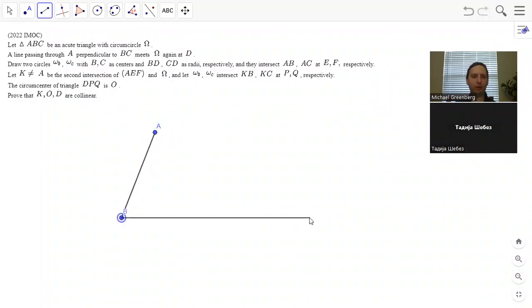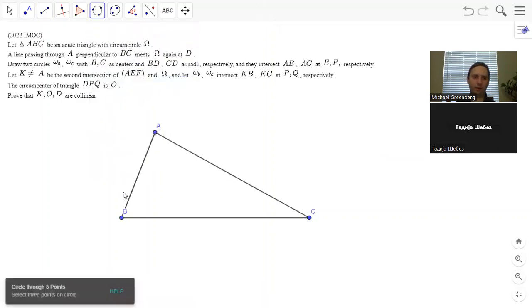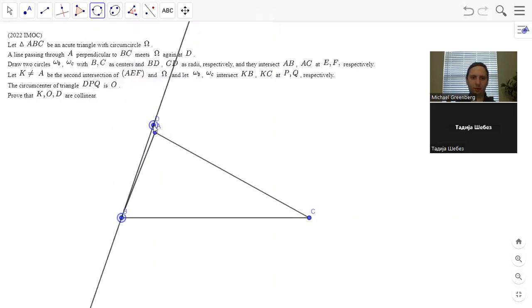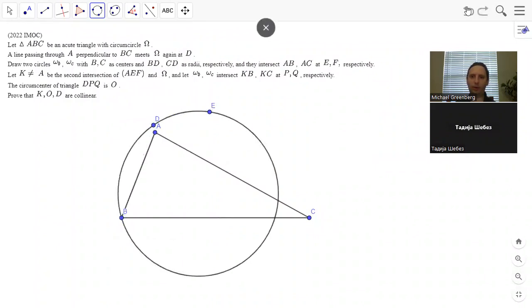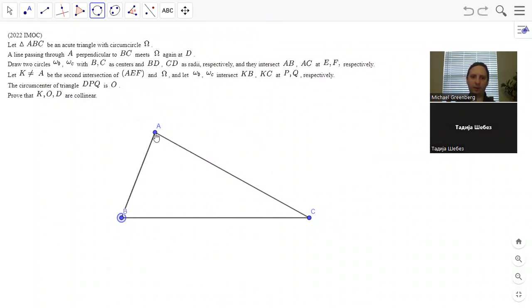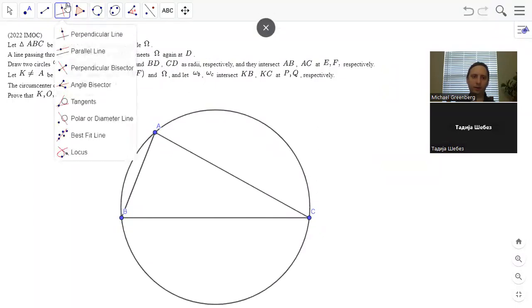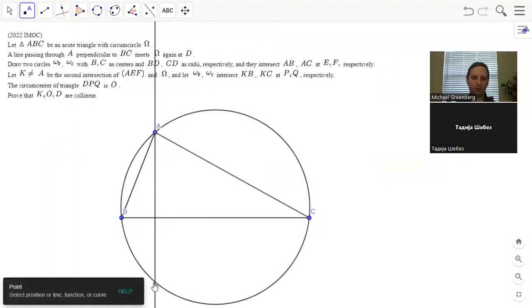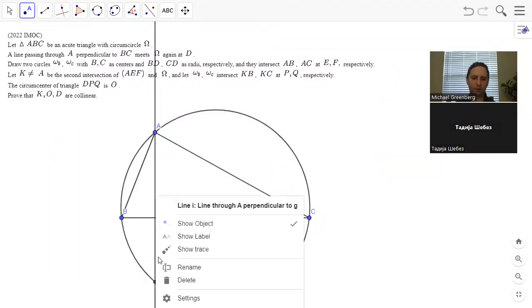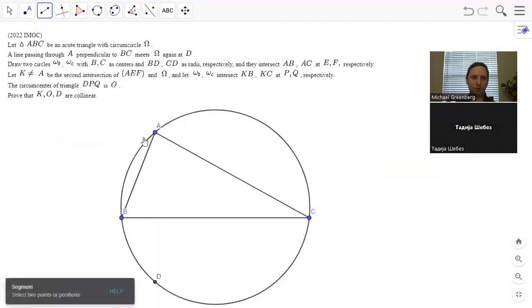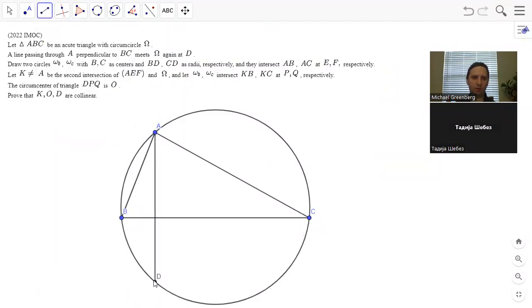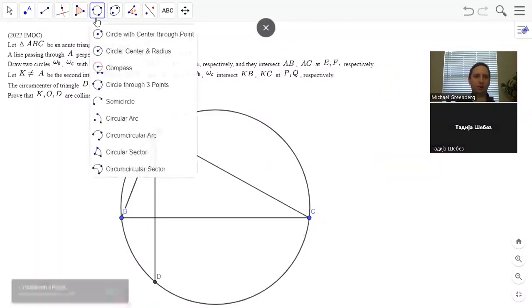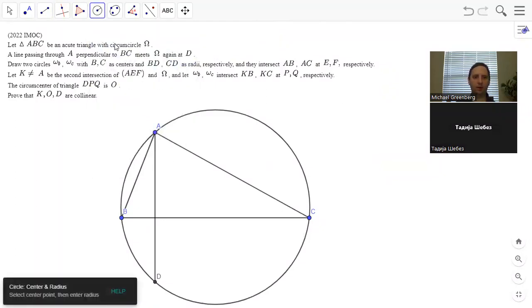We have an acute triangle with circumcircle omega, and we draw a line through A perpendicular to BC, and it meets the circle at D. Then we draw two circles centered at B and C, and the radii are BD and CD.